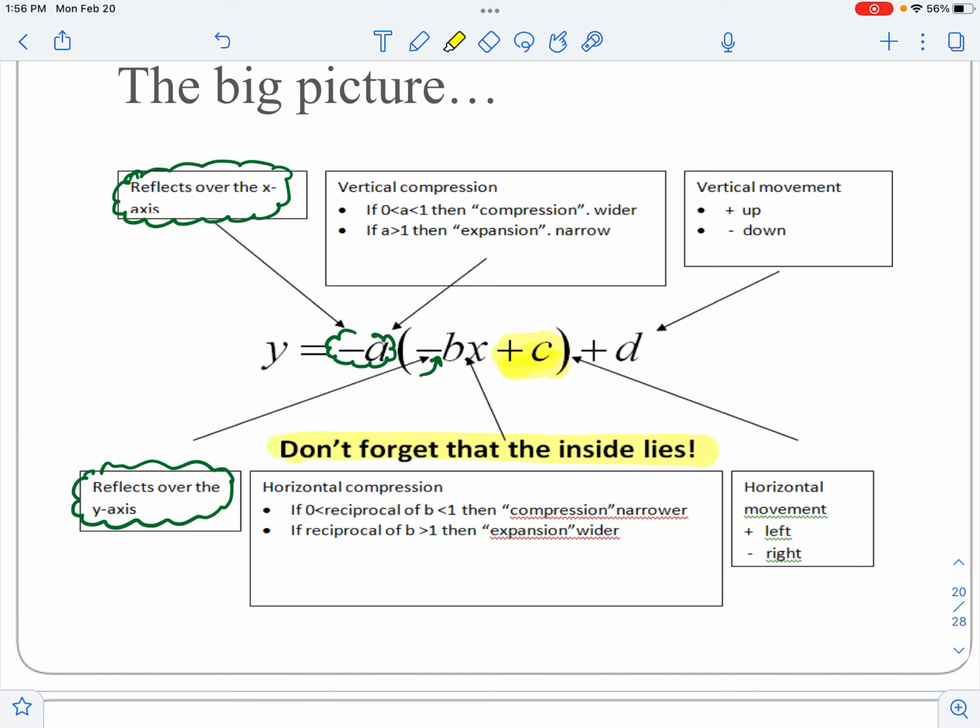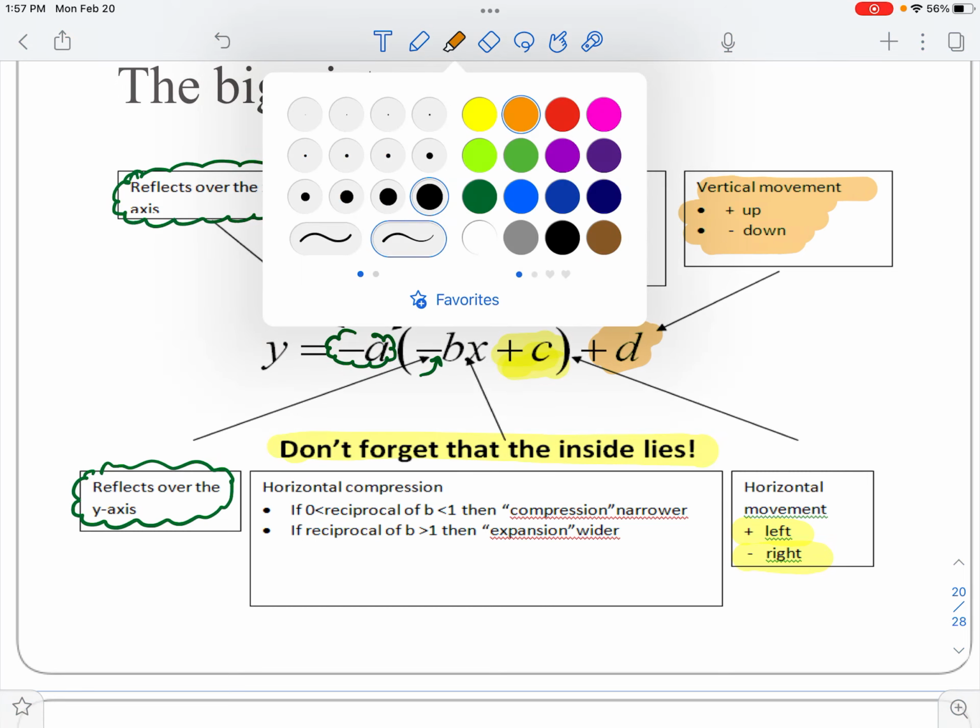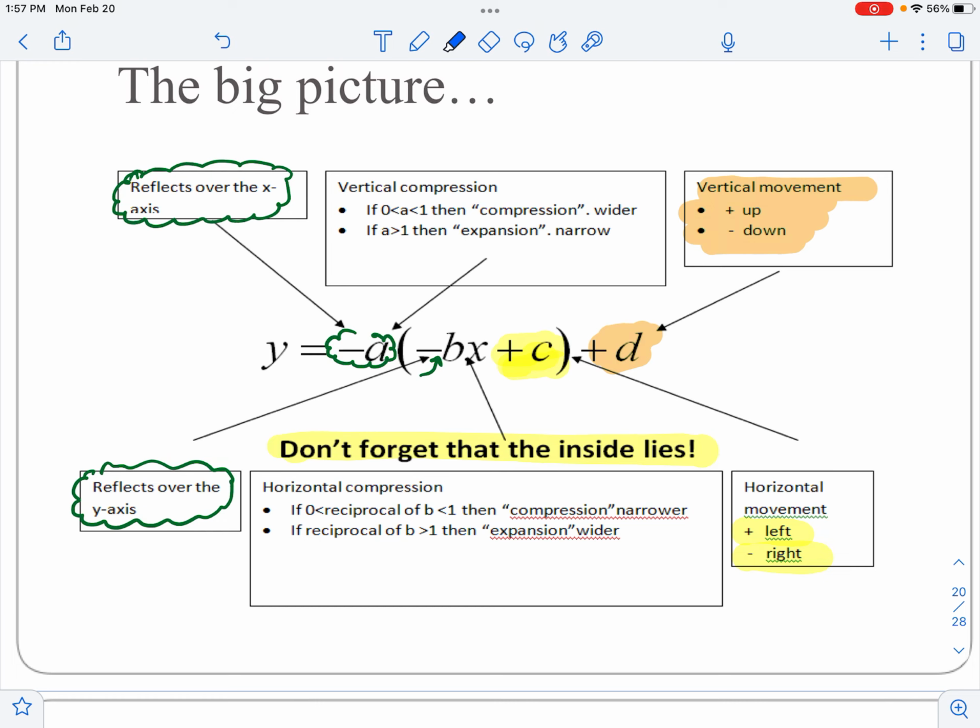A plus is going to move this to the left, a minus is going to move this to the right. We have this reminder here for horizontal movement. The outside is going to deal with our vertical movement. A plus is going to take the graph up, a minus is going to take our graph down. The last thing that we need to make note of is our vertical compression.